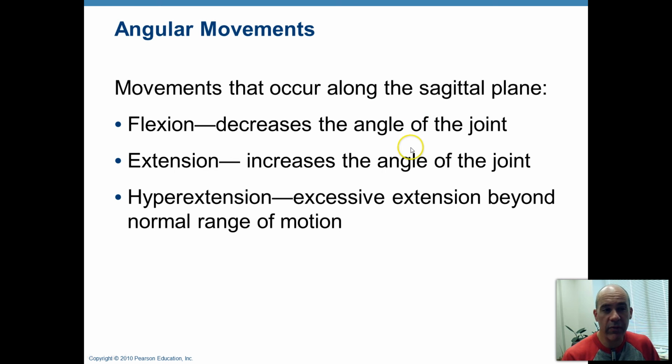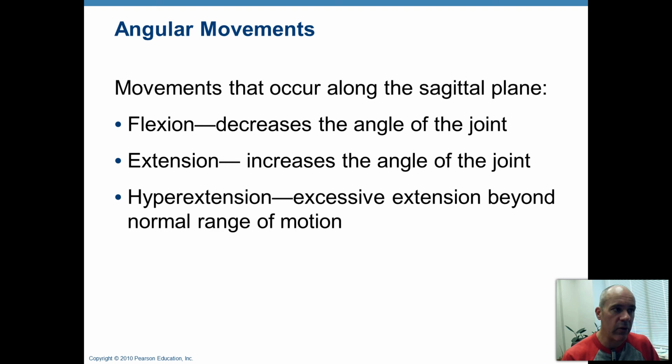So if you think about moving the joint, if the angle between the bones at the joint decreases, that's called flexion. You're flexing the joint. Extension is the opposite. If you increase the angle of the joint, that's extension. So these are opposite movements, and you'll see that you'll have muscles that are called antagonistic muscles.